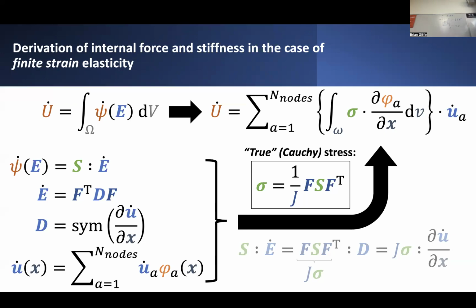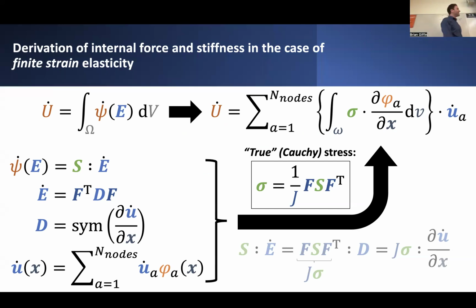This stress power term can be manipulated through a sequence of steps into a format that involves not the Green-Lagrange strain rate, but instead this rate of deformation tensor, the thing that we just defined, the symmetric part of the velocity gradient. And it involves making some transformations into a format that involves F times S times F transpose.